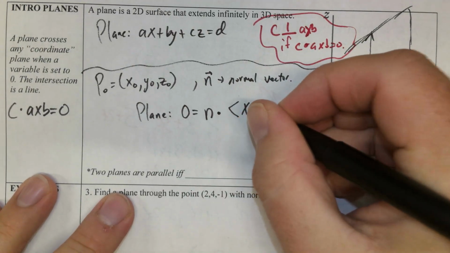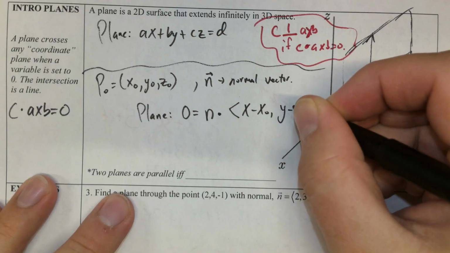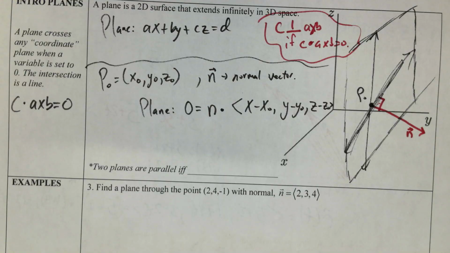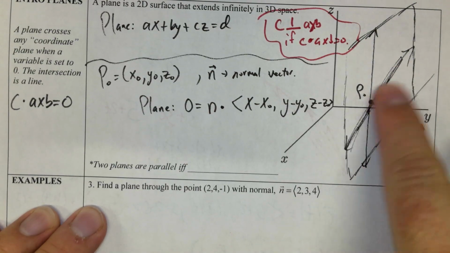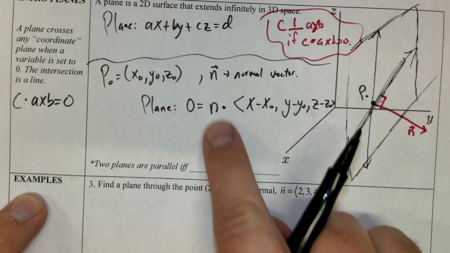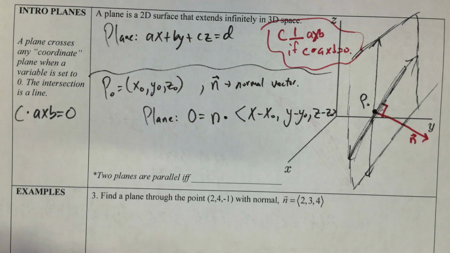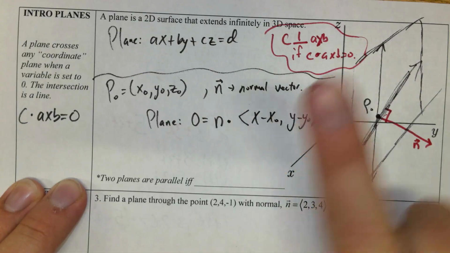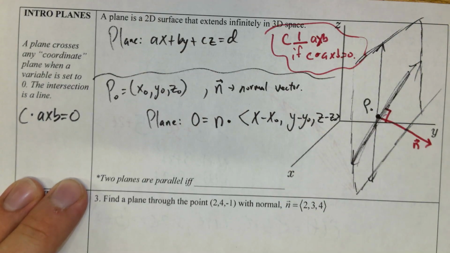Well, just choose any generic x, any generic y, and any generic z, and you will be making vectors from this point to those places in space with that normal forced to be equal to 0. So you're going to find all of the things that have to occupy that perpendicular space.